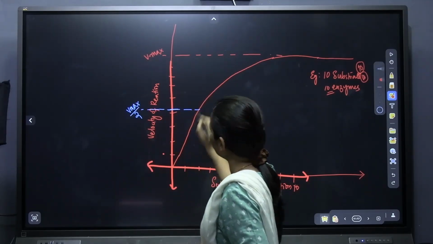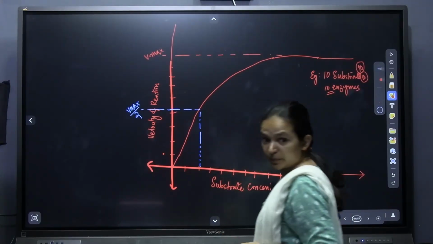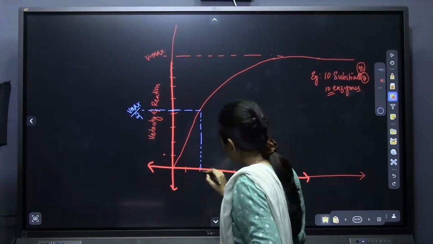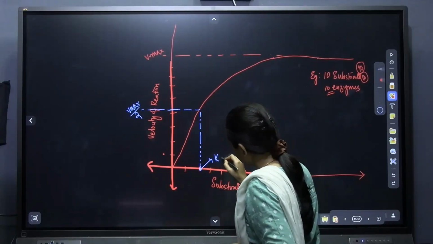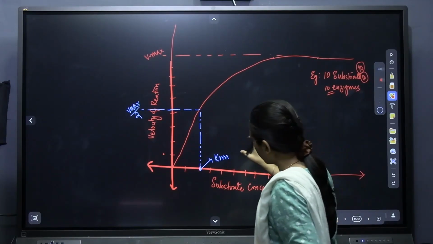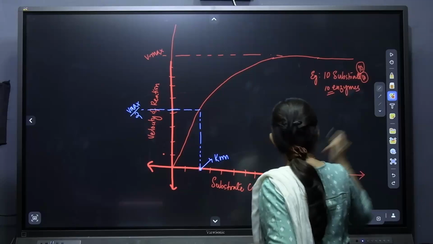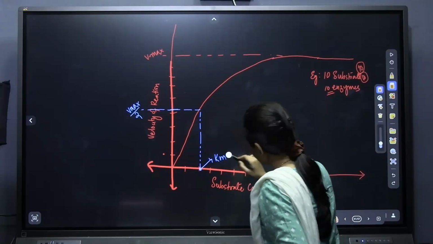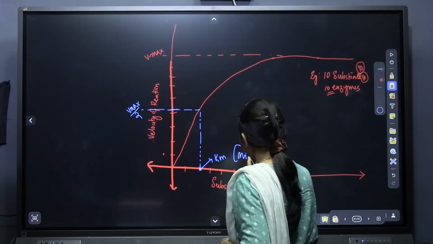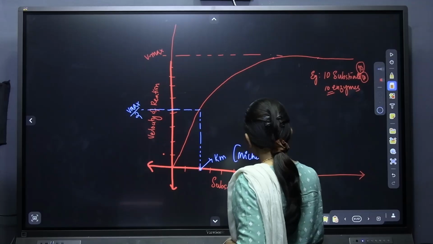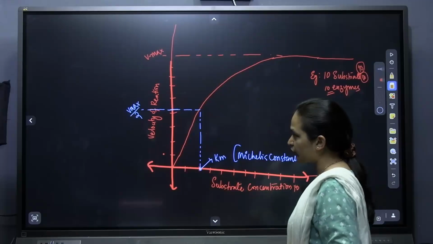If we draw a perpendicular from it, the point where it meets the substrate concentration axis, this particular point we call Km, the Michaelis constant. Okay, Km.